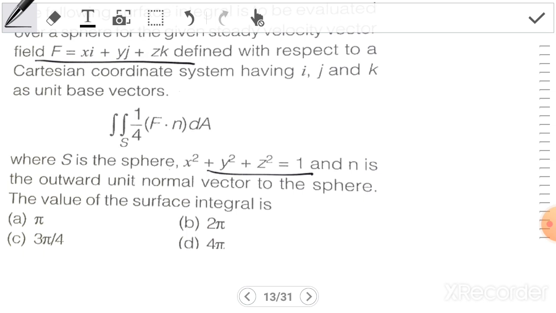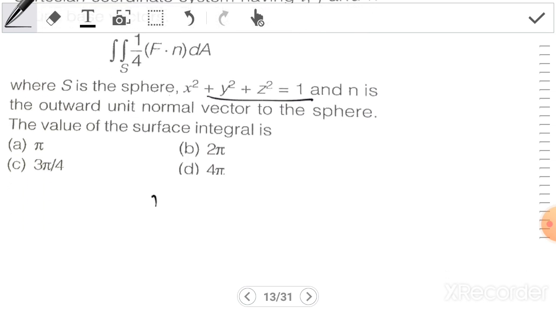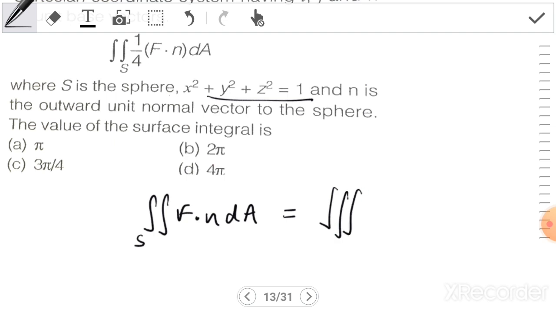We can make use of the divergence theorem, which is a transformation between volume integral and surface integral. So the integral of F dot n dA is given as, where n is the unit normal vector, the integral of divergence of F dV.